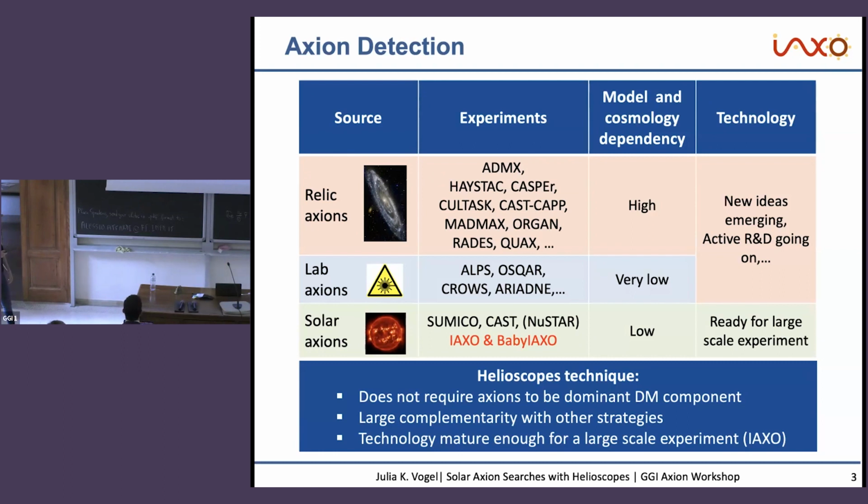So in short, these solar axion searches, these helioscopes, do not require axions to be all of the dark matter. There's a large complementarity between these different approaches. And as I already said, the solar axion searches have technology that's mature enough to be scaled up to large scale experiments.